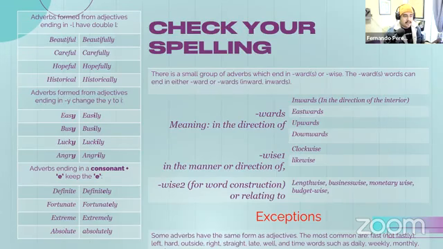Don't change it. Now, it's also very common that people say absolutely, extremely, fortunately. Watch out. The E is there, but it doesn't sound. So it's important to notice here. Adverbs ending in consonant plus E keep the E, but remember, don't pronounce it.